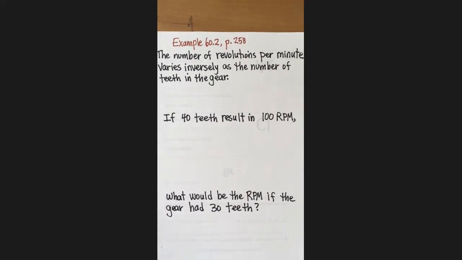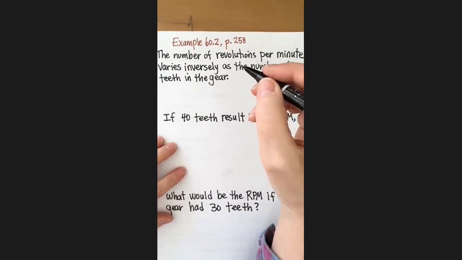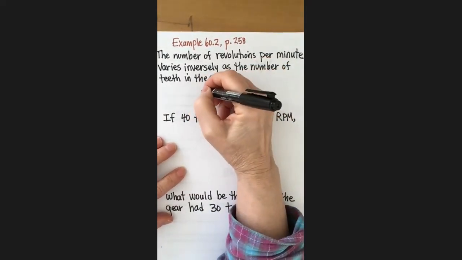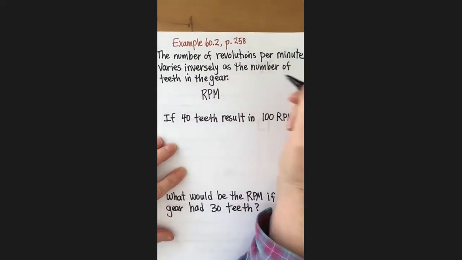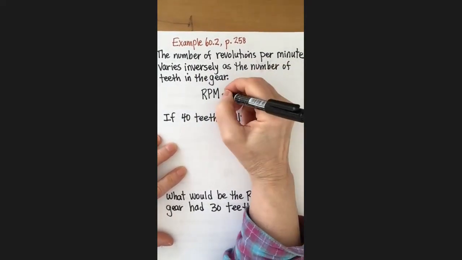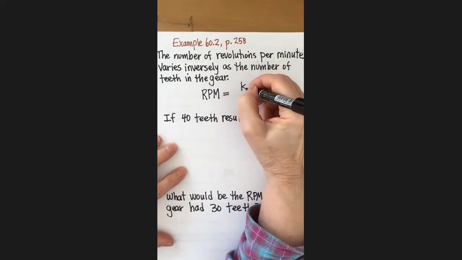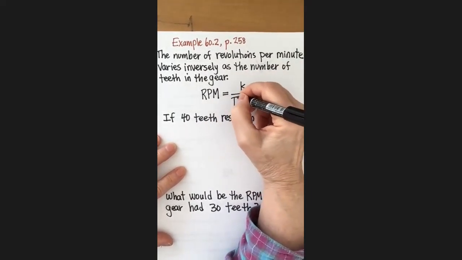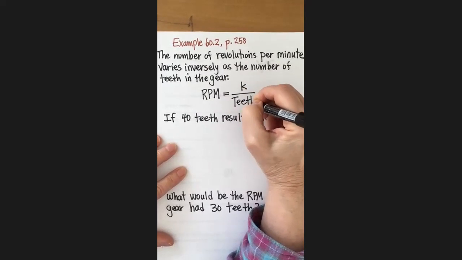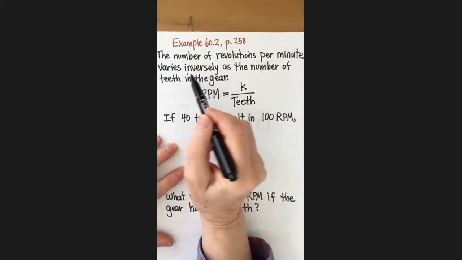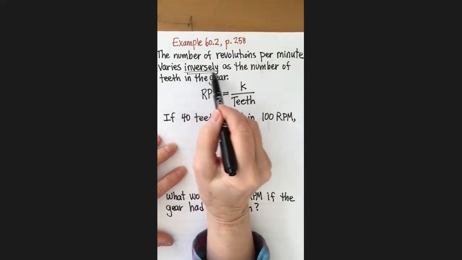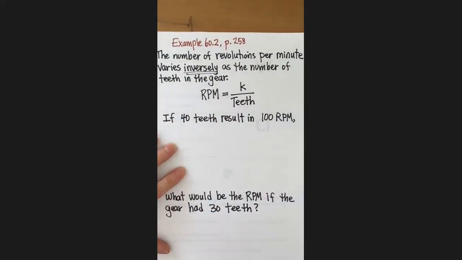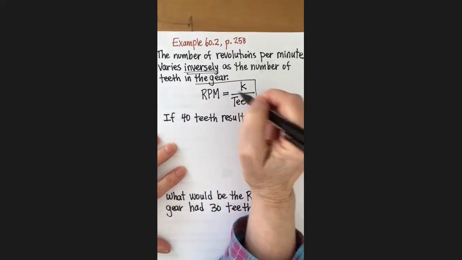And so we go by our steps. Number one, we set up the proportion. The revolutions per minute, which we can abbreviate as RPM, I'm sure you're all familiar with that, is equal to K divided by the number of teeth, because it says that the number of revolutions per minute varies inversely as the number of teeth in the gear. So there's our proportion.